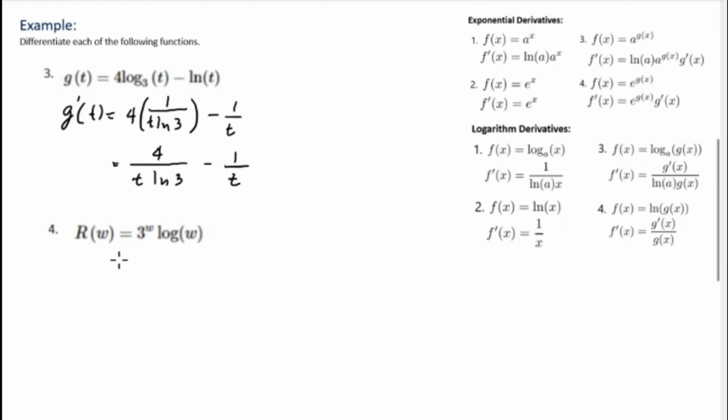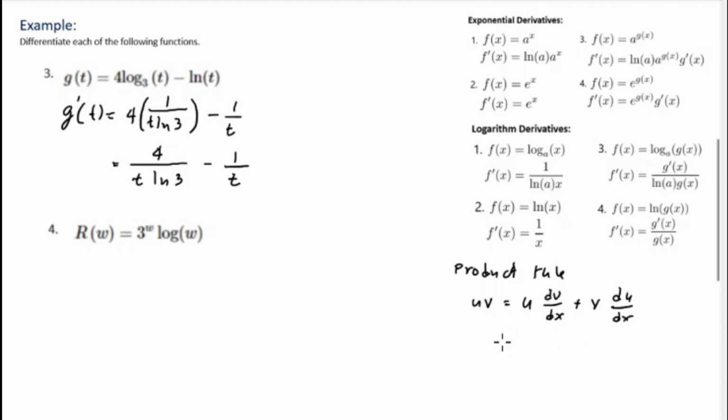Number 4. R(w), or the function r(w), is equal to 3^w times log w. Using the product rule, the formula (uv)' is equal to u times dv/dx plus v times du/dx.